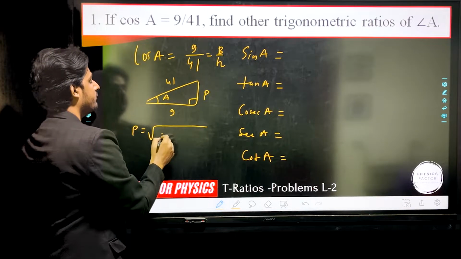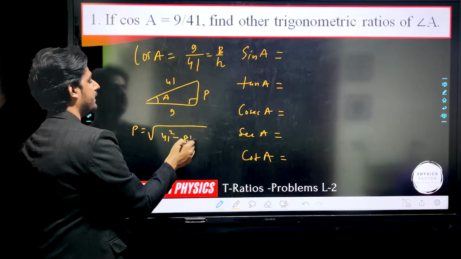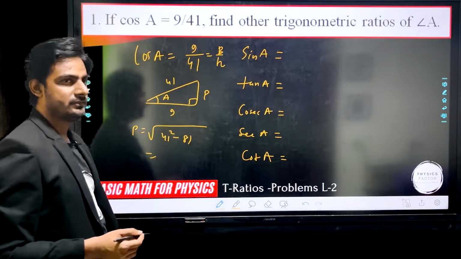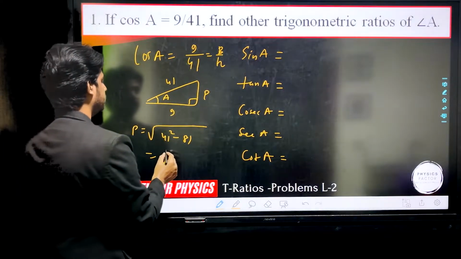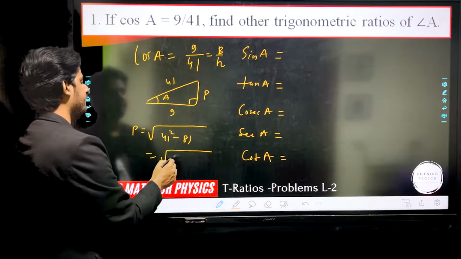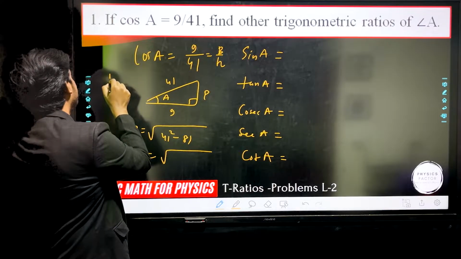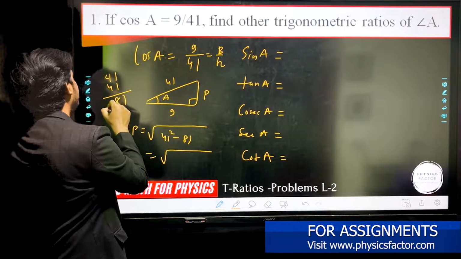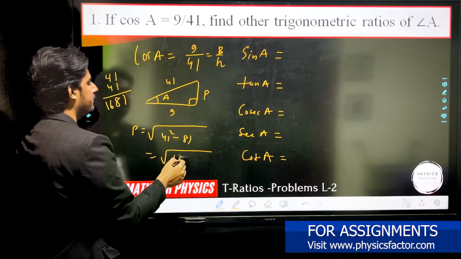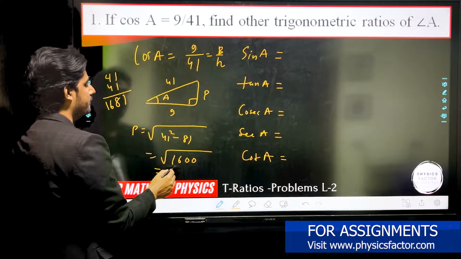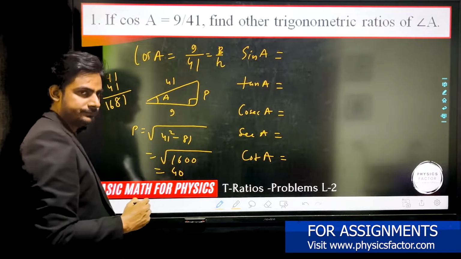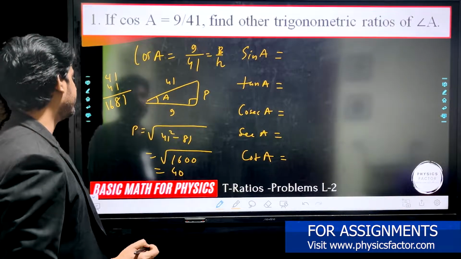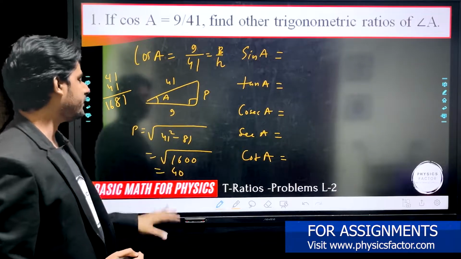So root of 41 square minus 81, 9 9 is 81. 41 into 41 is 1681. So that becomes 1600, root of it is 40, I think. Yeah. Okay. Now we got the perpendicular.